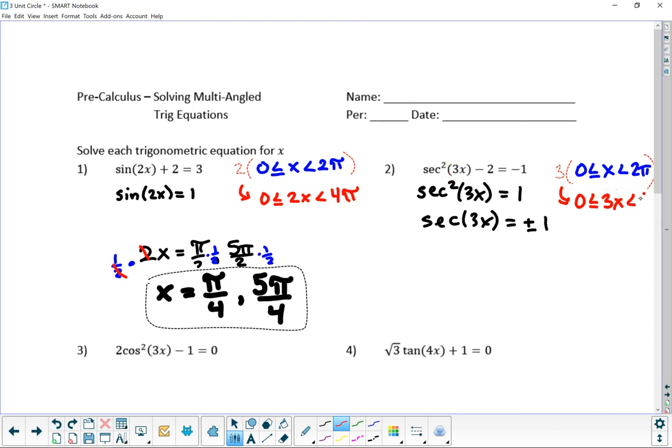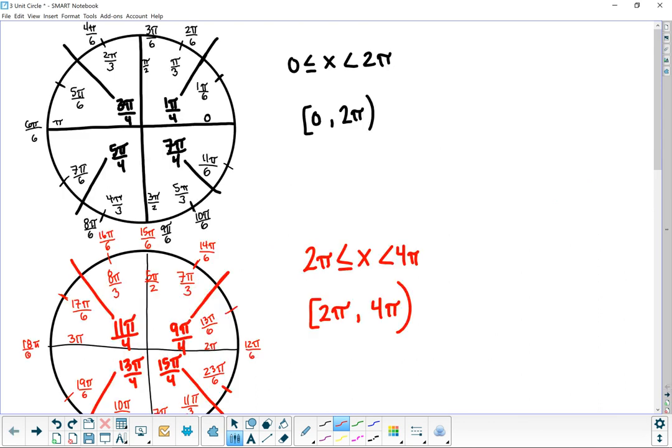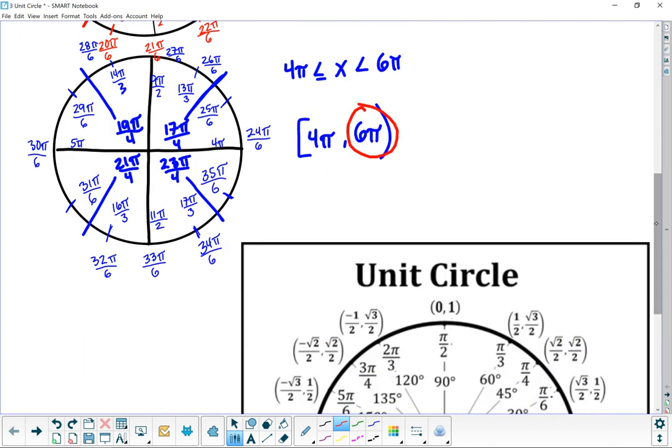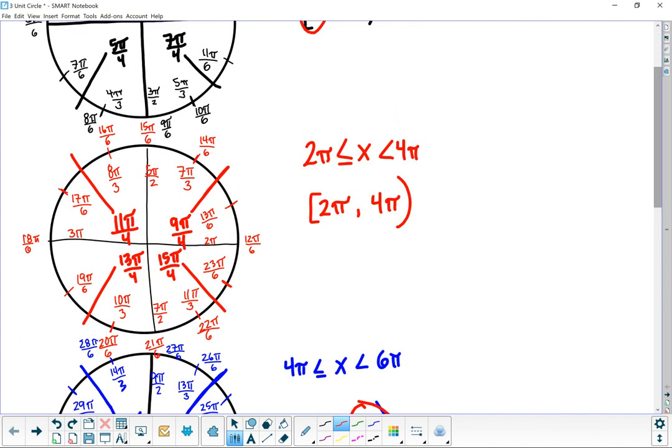And this is now going to change to 6 pi. Meaning that when we look for answers, it's going to live from 0 all the way to 6 pi. So we will need to be looking at 3 unit circles.